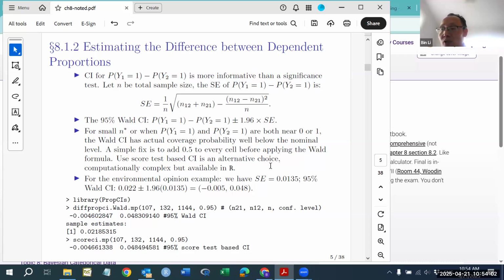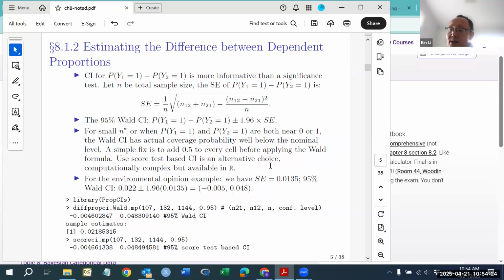Like if you are using the significance level of 0.05 for the hypothesis test, you should use the 95% confidence interval, right? And so you can see the confidence interval gives you all the information that you can get from the hypothesis test.